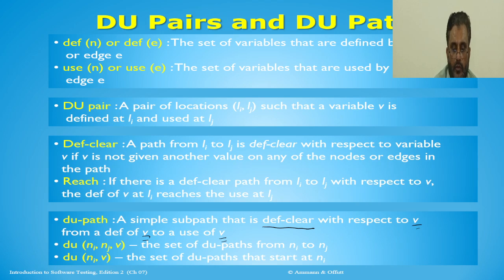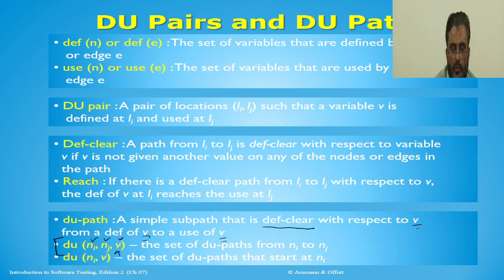So we have two different notations. One of them is du(ni, nj, v). Here we specify the starting node, and we also specify the ending node. These are not necessarily the start or the final nodes of the graph; we are just talking about them in the context of this variable v.